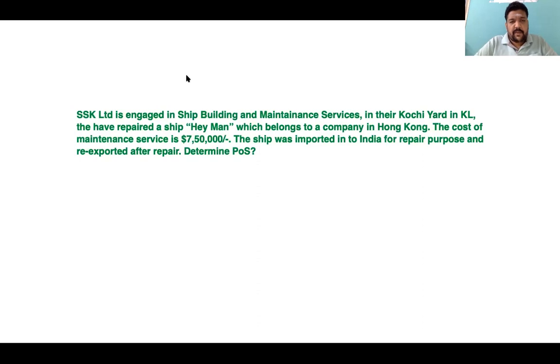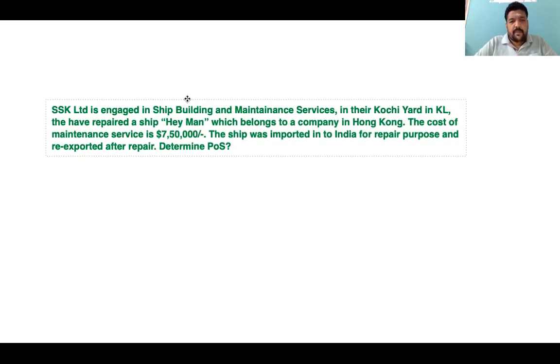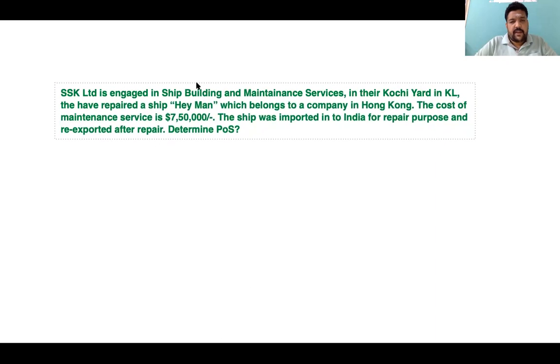A very simple question. There is a shipbuilding company located in Kerala. They get a ship which needs to be repaired, and this ship comes to them from Hong Kong. The whole activity was done in India, in Kerala, and once it is over, the ship is sent back.